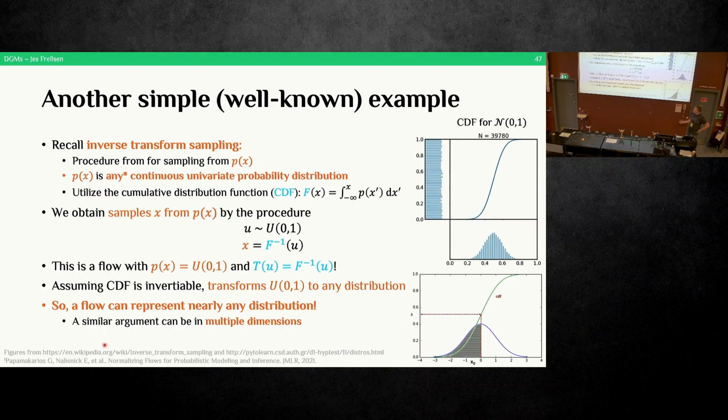And you can make a similar argument in multiple dimensions. So that tells us that a flow is nearly a universal distribution approximator, with the condition that the CDF is invertible. Otherwise, we cannot transform a normal distribution into the distribution.